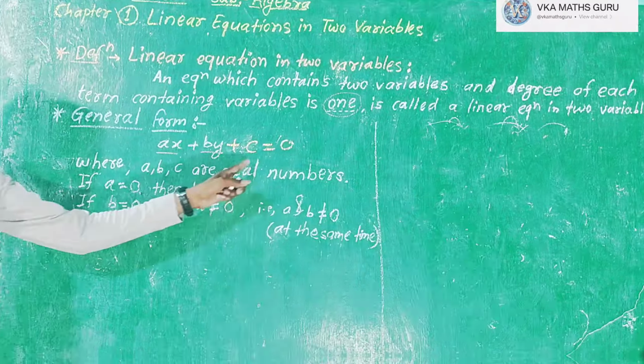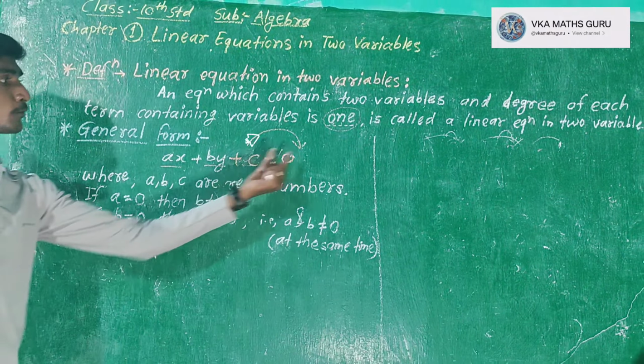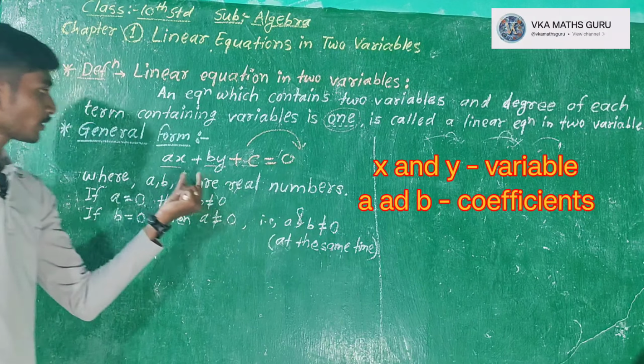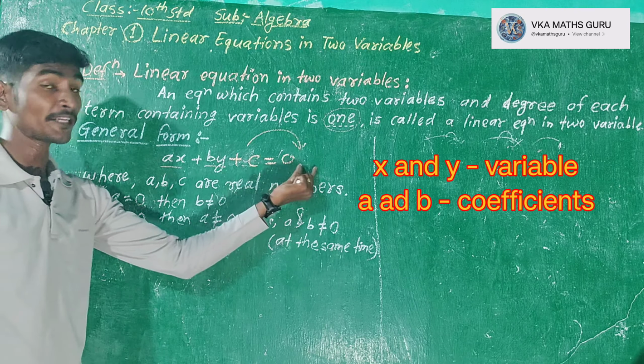Why? Because this term can be transferred from this side to that side. That means plus c can be converted into minus c. So the equation can be formed like ax plus by is equal to minus c.